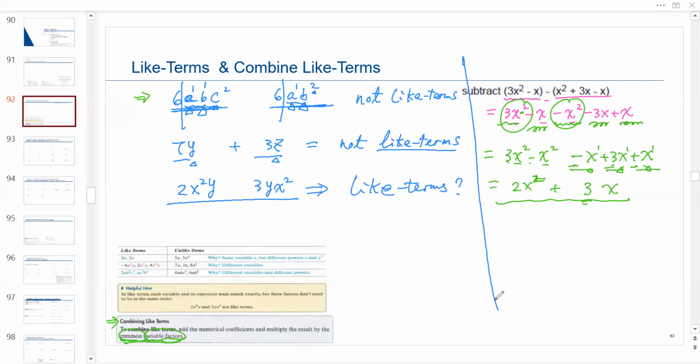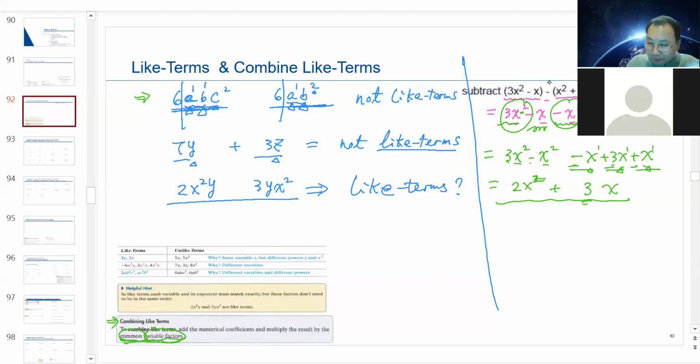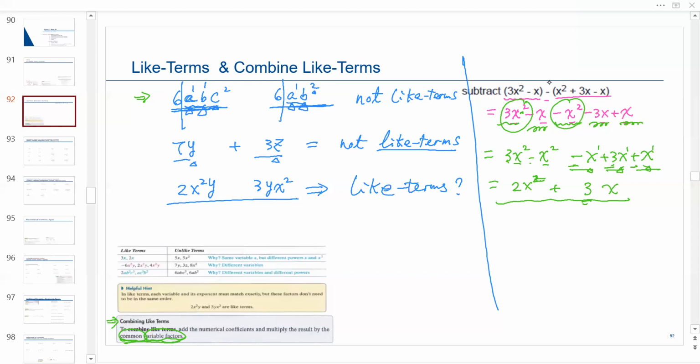Max, are they like terms or not? Jalen, is it like terms or not? These two, like terms or not like terms?